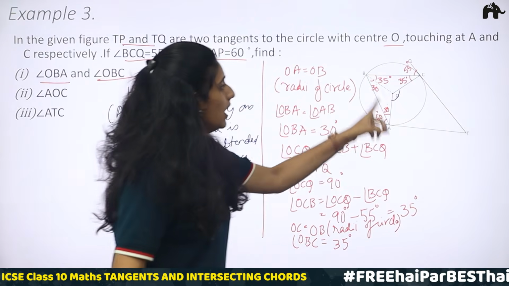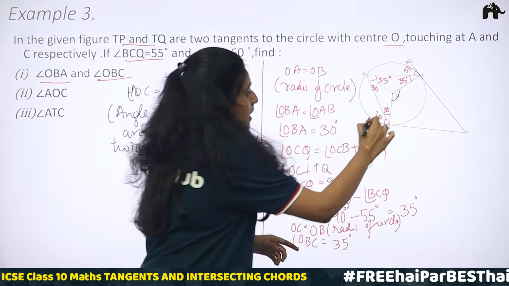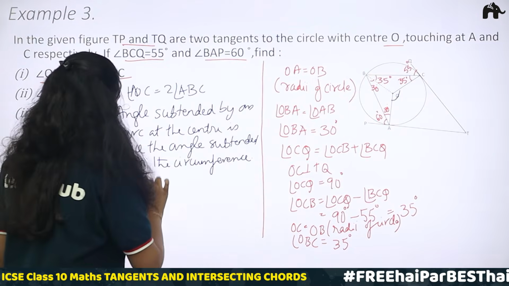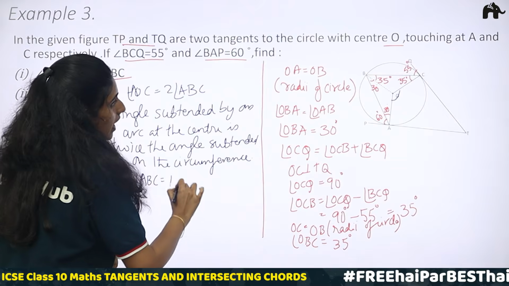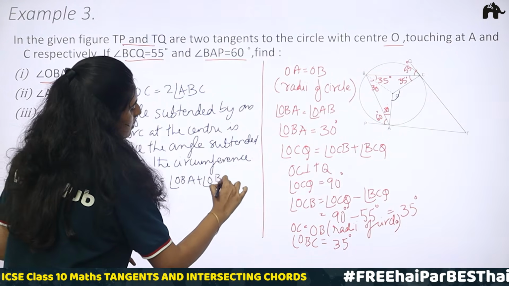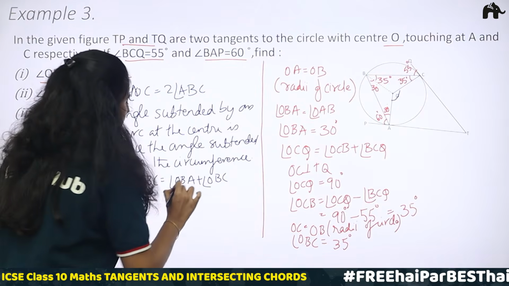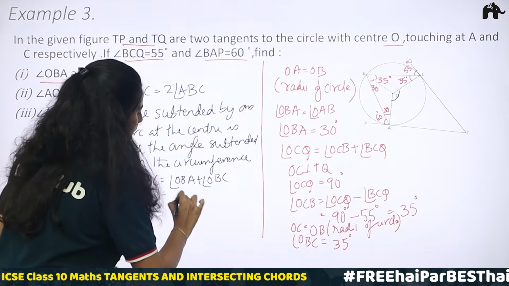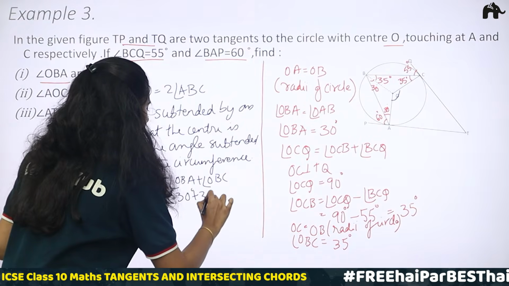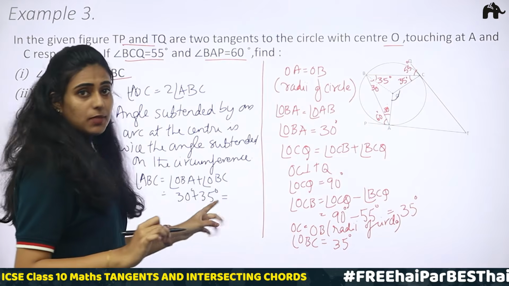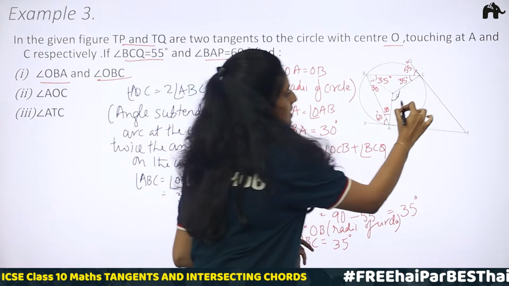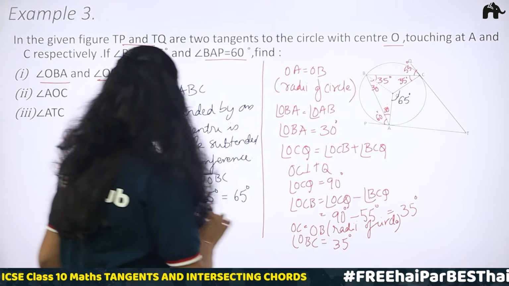So do we know what ABC is? ABC will be equal to OBA plus OBC. Angle ABC is equal to angle OBA plus angle OBC. Now put the values. OBA is 30 degrees and OBC is 35 degrees, so 30 plus 35 is 65 degrees.